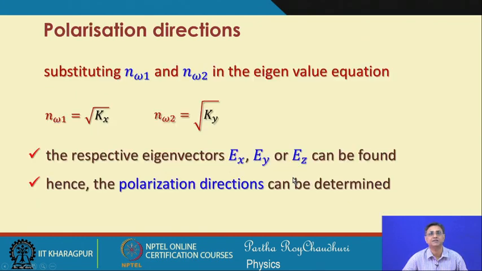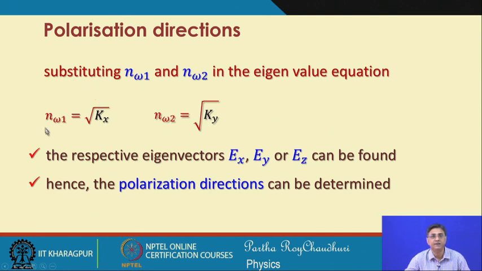So, this is very interesting. Substituting the value of n omega 1 equal to this and n omega 2 equal to this in the eigenvalue equation, we can find out the respective eigenvectors E x, E y and E z. So, this discussion is very interesting, to know that given the refractive indices, we can find out the eigenvectors, that is the direction of the E x, E y or E z, whichever is surviving, and those directions will be called the polarization directions.